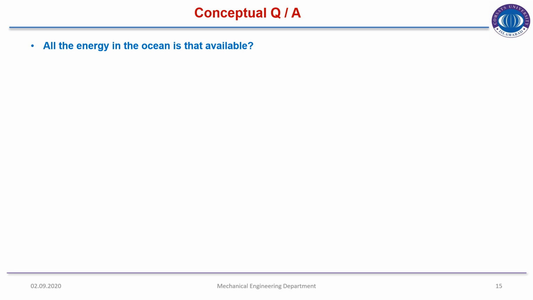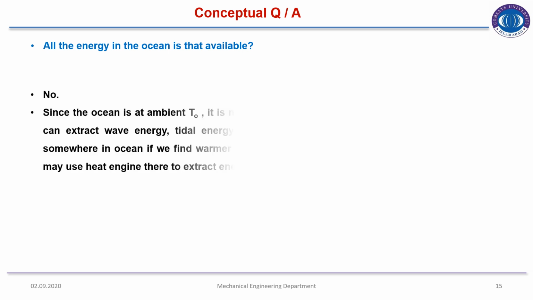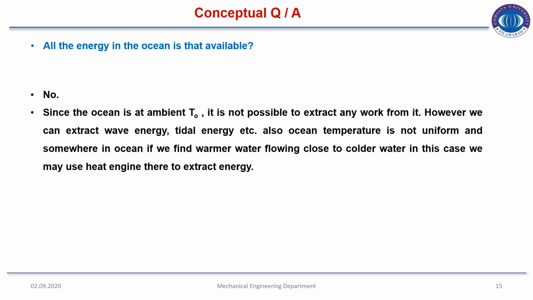The conceptual question answer continues, and the next one is: is the energy of the ocean available? The short answer is no, because the ocean is at atmospheric temperature. When we talk about energy in terms of thermodynamics, we are talking about thermal energy that can be converted into work.